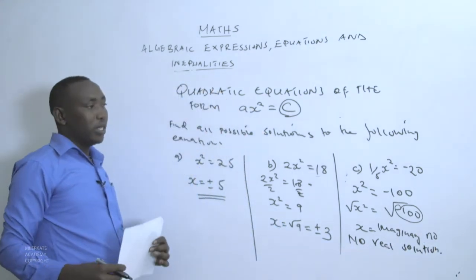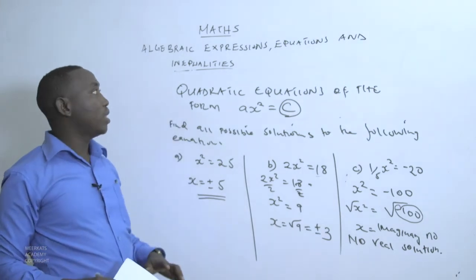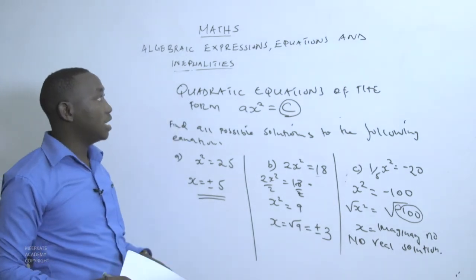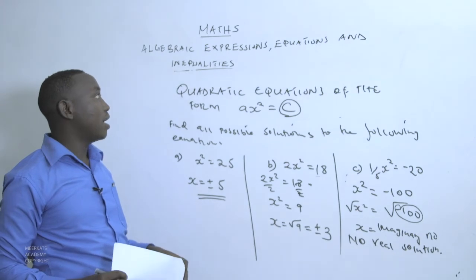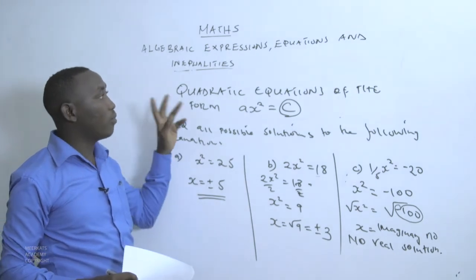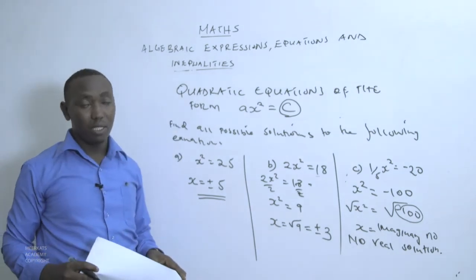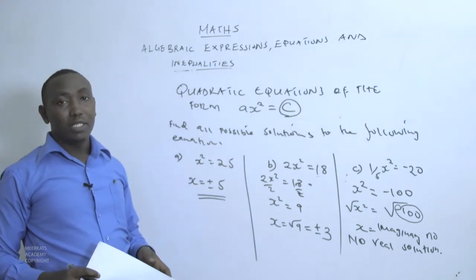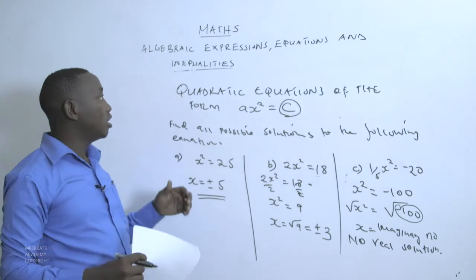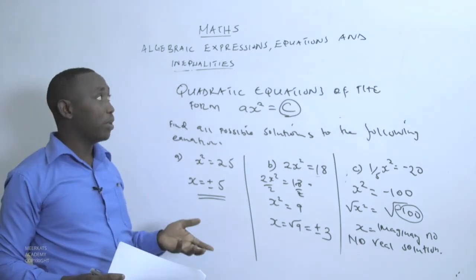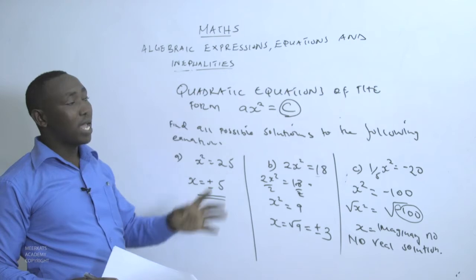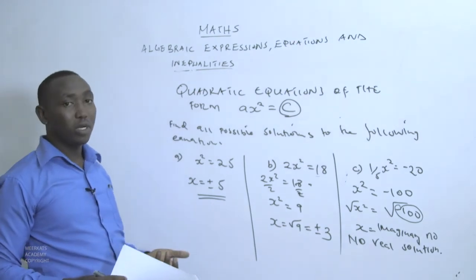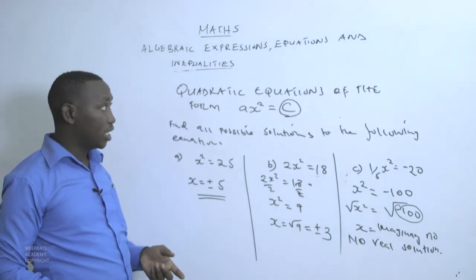So this brings us to the end of the whole topic, algebraic expressions and equations and inequalities, where we have looked at several aspects of this topic. We said in algebraic expressions we use pronumerals to define a given statement.